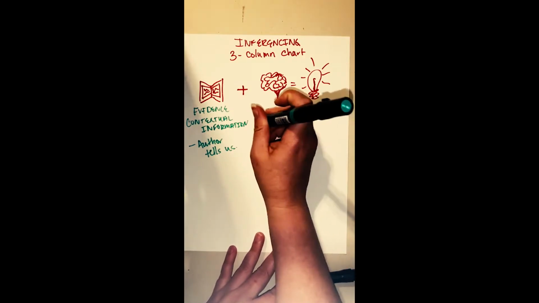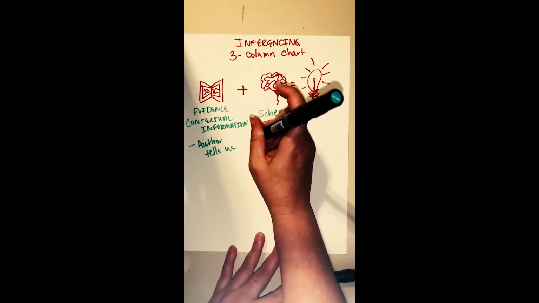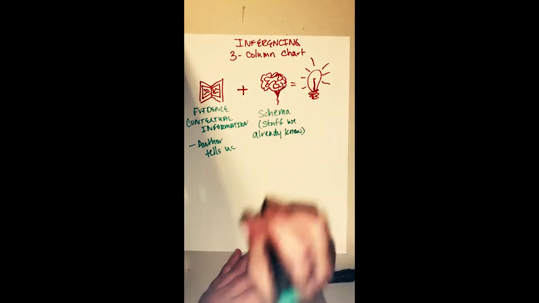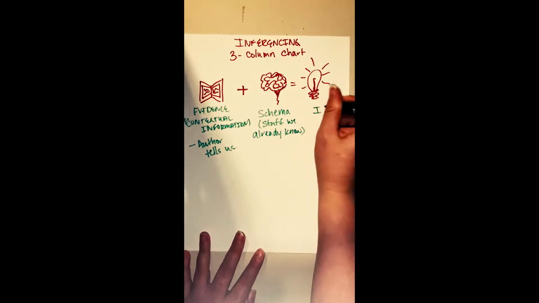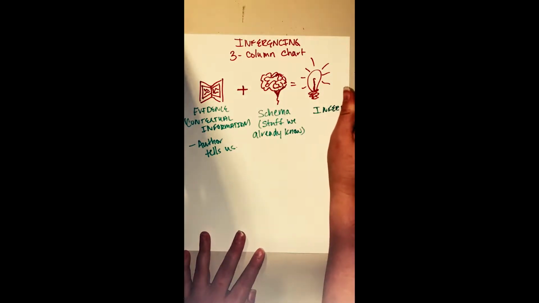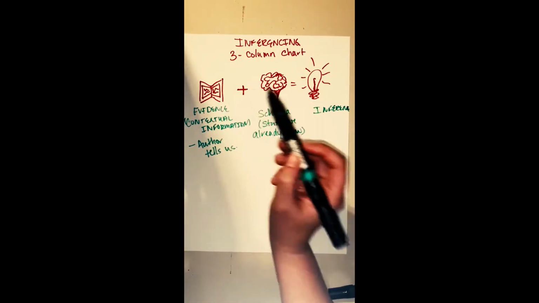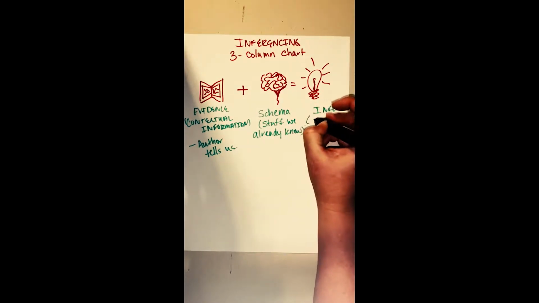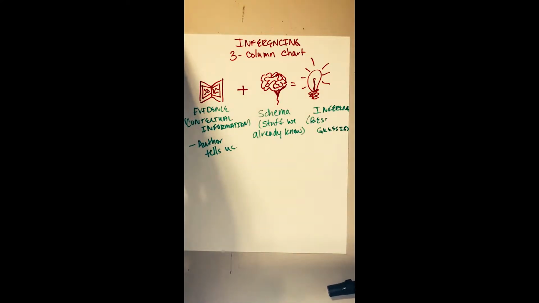And schema is really stuff we believe or already know. So contextual evidence plus our schema, the things that we already know, equals that bright idea, which an inference really is going to be whatever our best guess is. So an inference is our best guess.